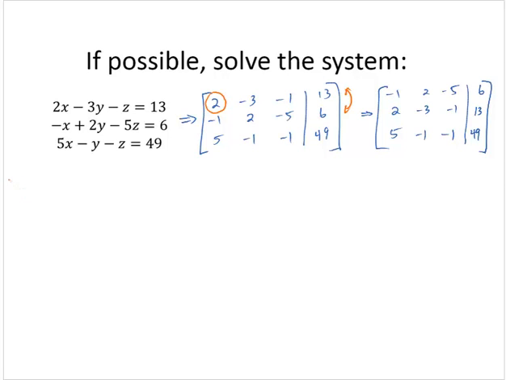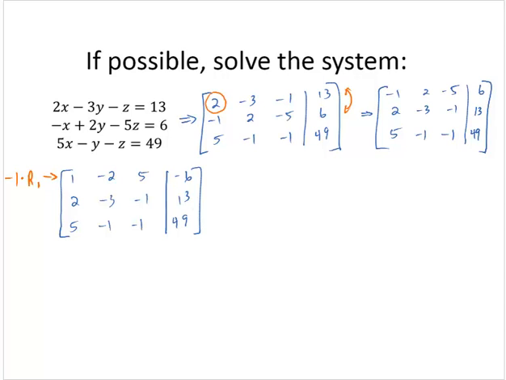So let's take -1 times row 1 and use it to replace row 1. That would give me 1, -2, 5, -6, 2, -3, -1, 13, 5, -1, -1, 49. Alright, so now I have the 1 in the upper left element.